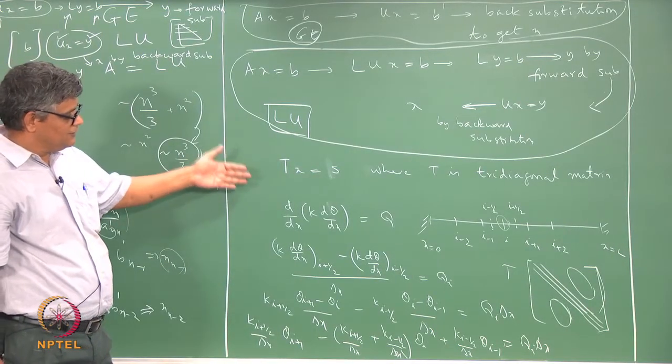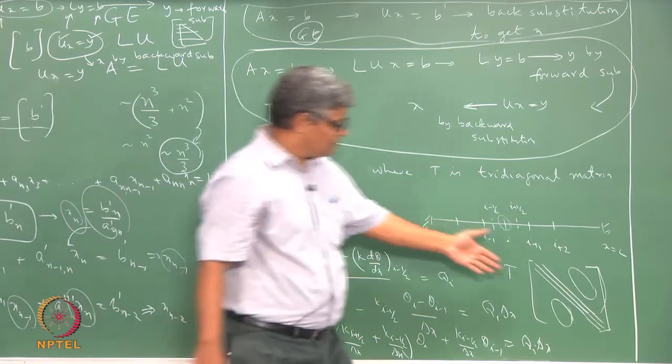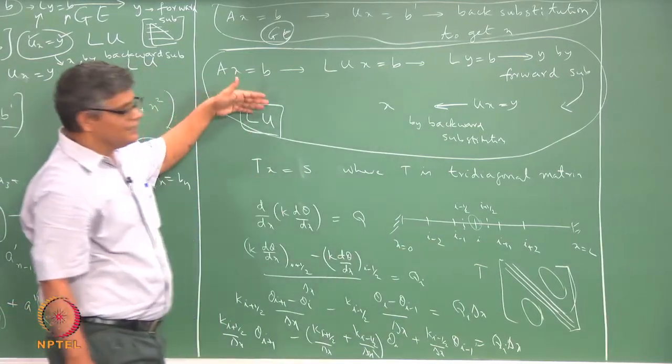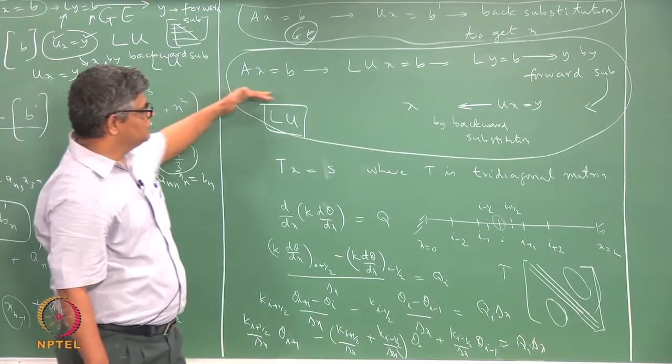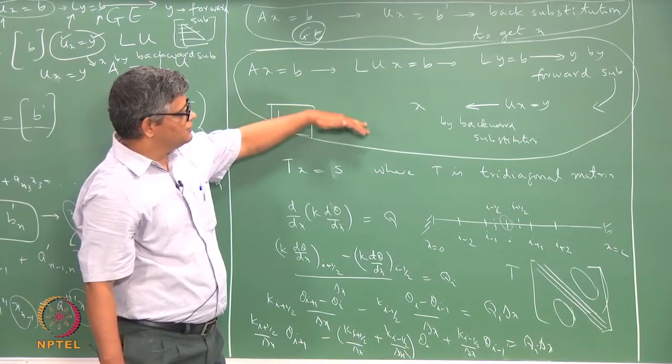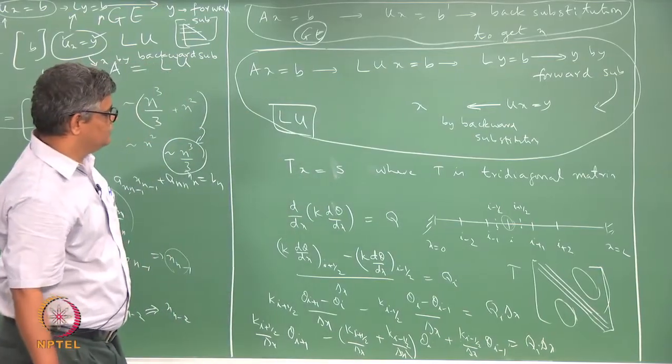So, what we would like to do is to solve this, taking advantage of this type of conversion, that is conversion into an upper triangular matrix or LU kind of thing here.